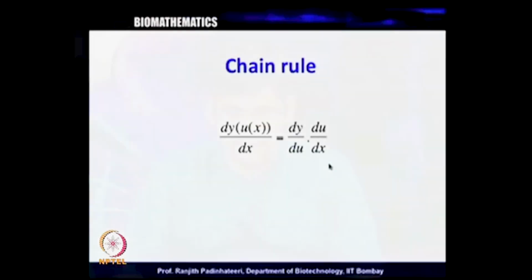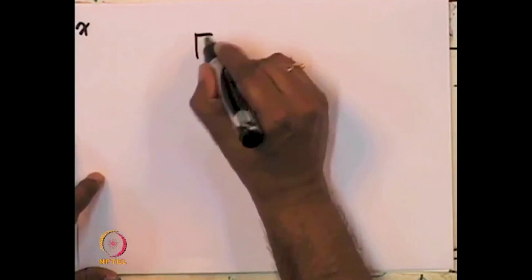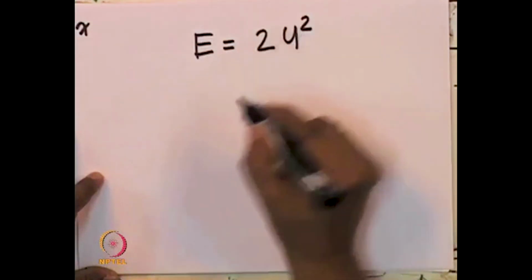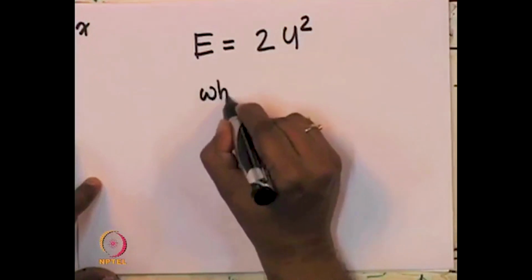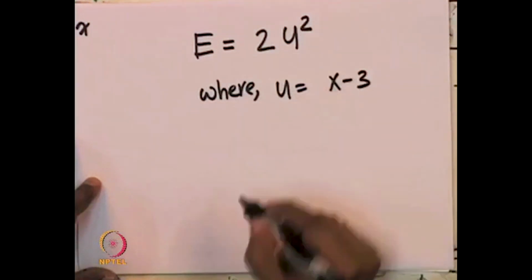Let us apply this rule and see what we get. What we have here is that y, which is our energy, is 2u square, where u equals x minus 3.